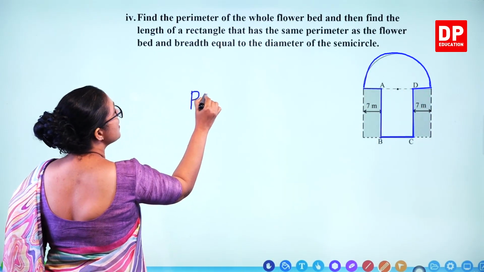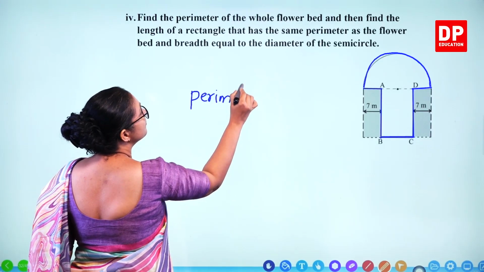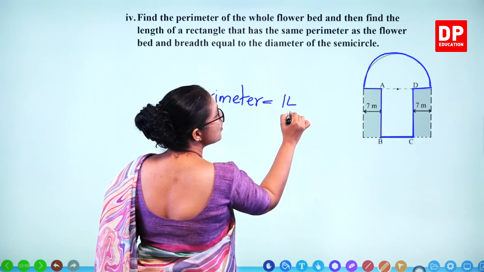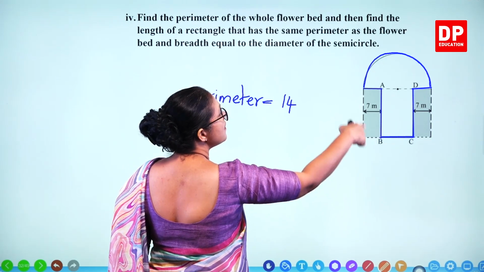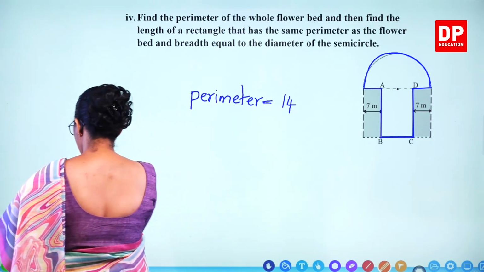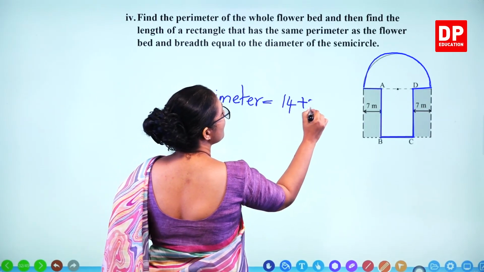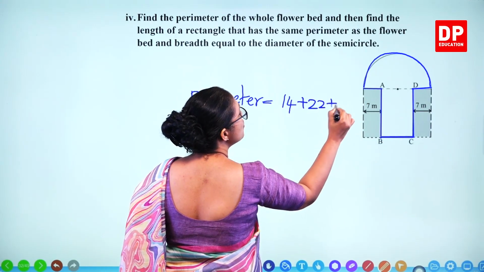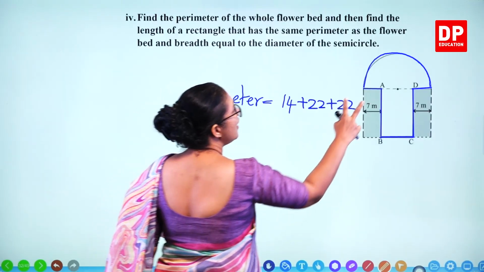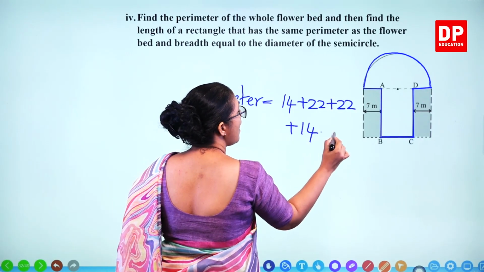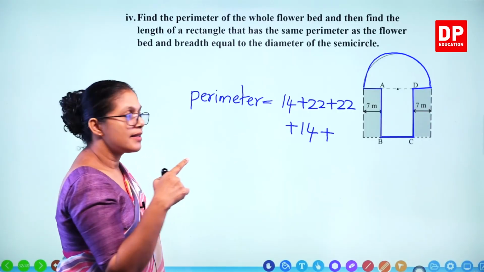So perimeter becomes BC, we found 14. And this height AB, previous part, 22, and another 22. And 7 and 7, 14. And then you have to add the arc length.